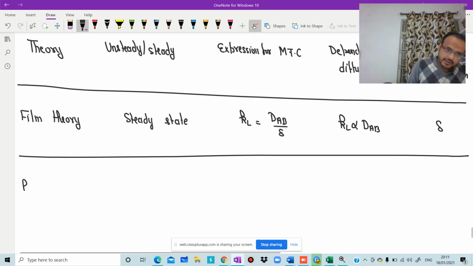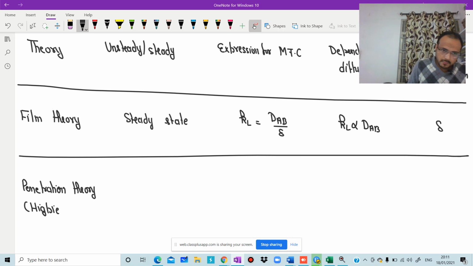Second one is penetration theory. Sometimes they ask with the name, it is Higbie penetration theory. It is at unsteady state. Here we have two expressions.